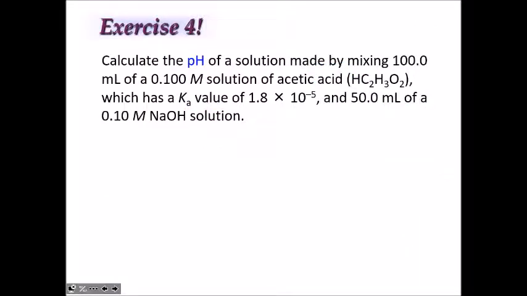All right, now calculate the pH of a solution made by mixing 100 milliliters of 0.1 solution of acetic acid. It has a Ka value of 1.8 times 10 to the minus 5 and 50 milliliters of 0.1 solution. So this time they gave us actual volumes. I'm going to definitely look at calculating the moles first, because we need to do the BCA chart to figure out what's still in solution.